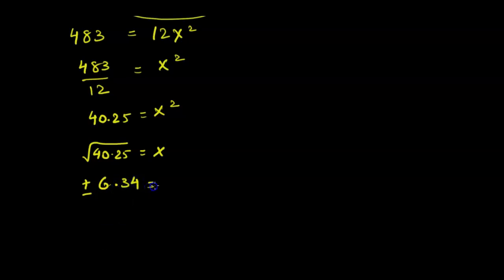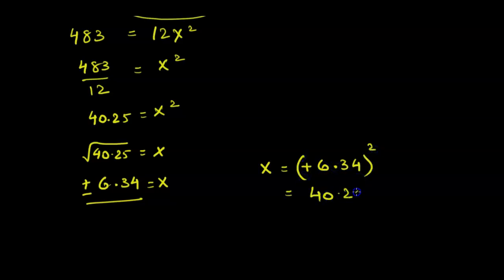Because we have to round the answer to the nearest hundredth, we write two decimal places. Why do we put the plus and minus sign? When we square positive 6.34, we get 40.25, and when we square negative 6.34, we also get 40.25. Therefore, the square root of 40.25 gives us both positive as well as negative answers.